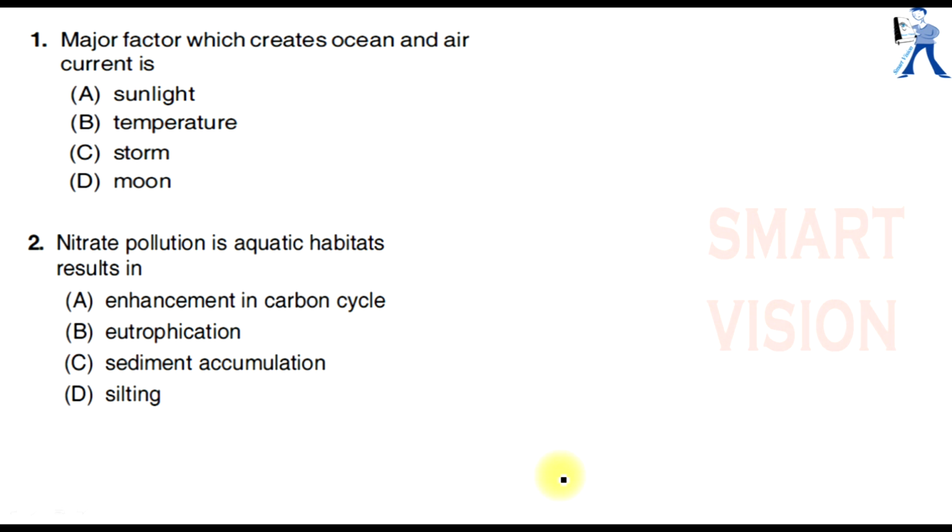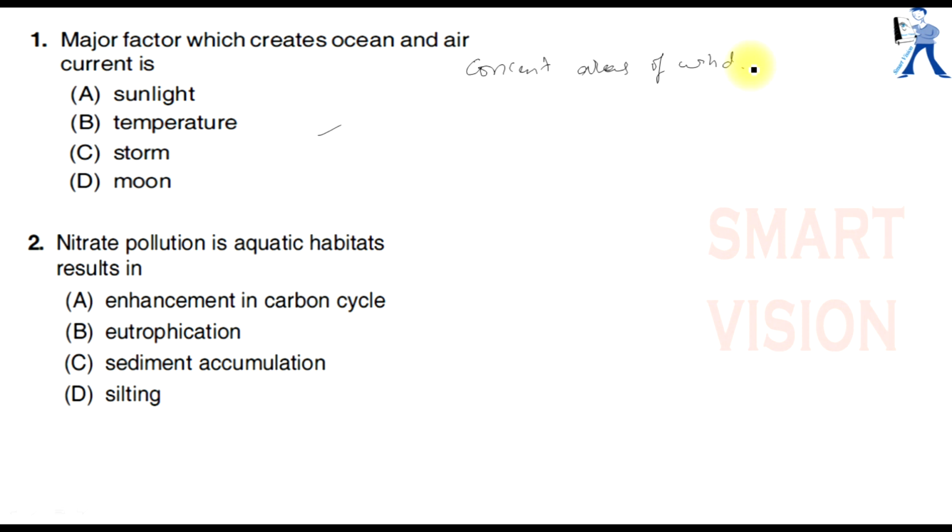The air current, simply we can say, is the concentrated areas of wind.